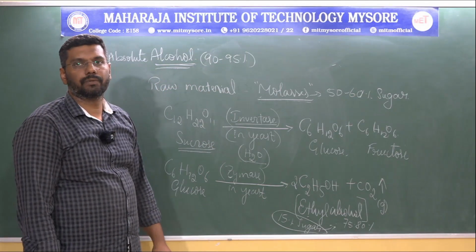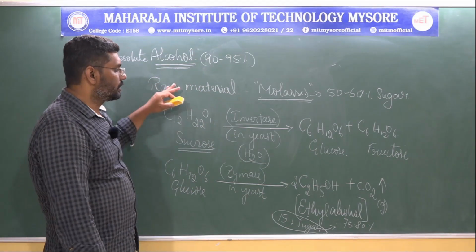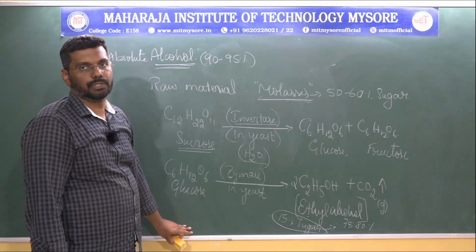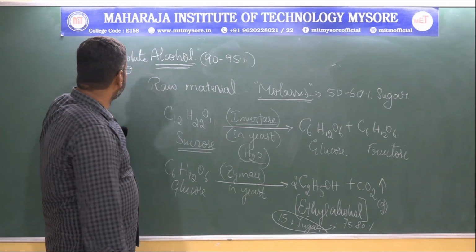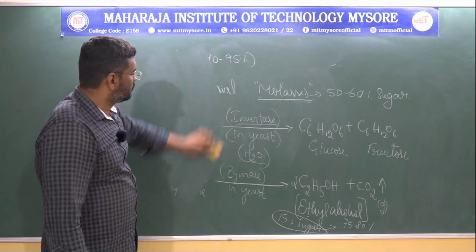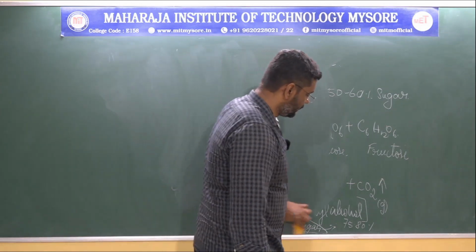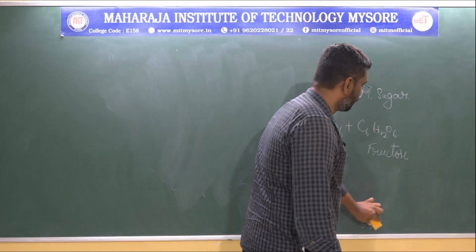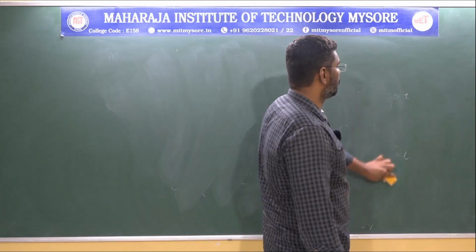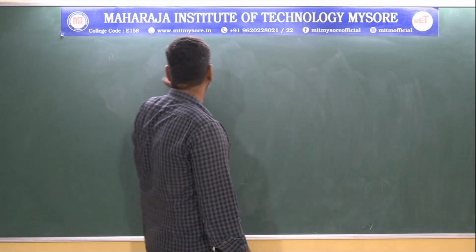So this is about the synthesis process. If this is clear, I would like to go to the next topic, the advantages and disadvantages of power alcohol. What are the advantages and what are the disadvantages of power alcohol?